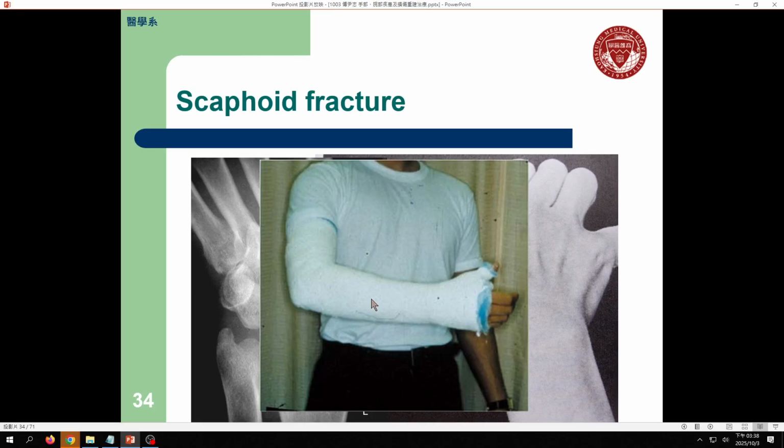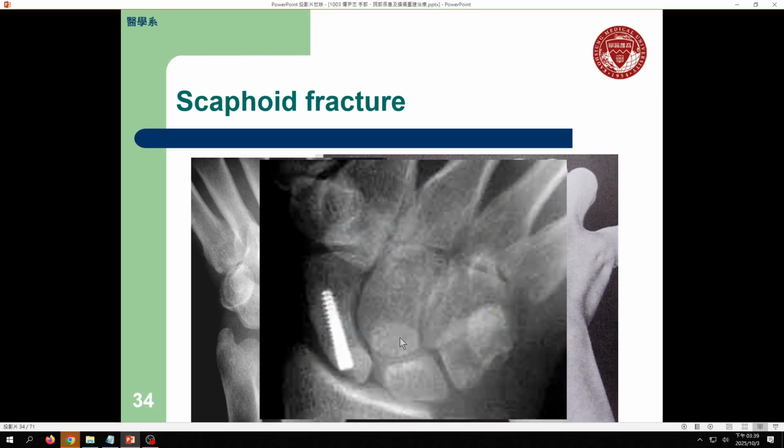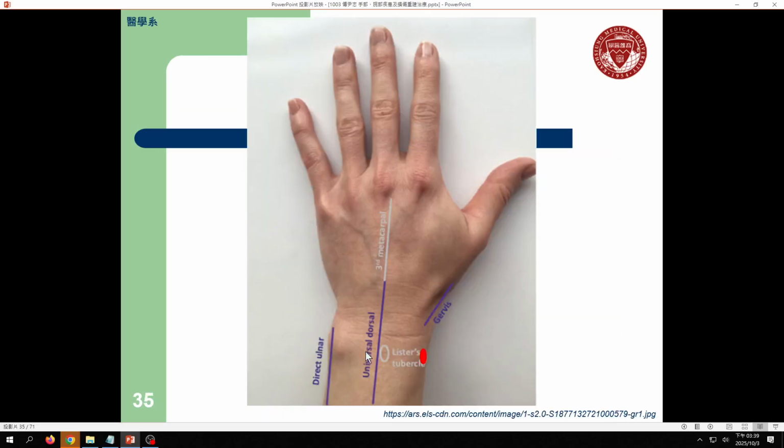A short one is okay. Okay. And if it is already an old fracture, above 1 month, or displaced, we could do surgery. Okay, visit. And then we go further again to here.